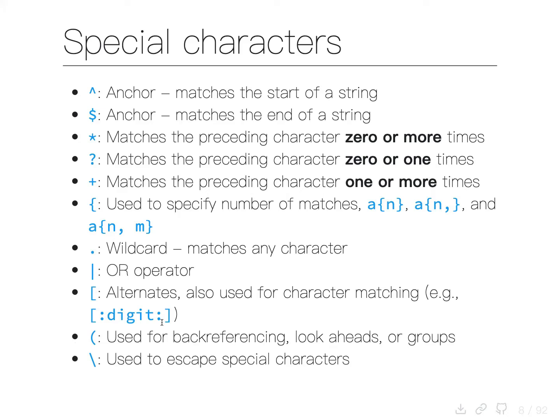There's all sorts of different things like that that you can put in there, and it will look for them. And then there's these shortcut versions of them too. So this is digit, and if you did backslash lowercase d, that would be the exact same thing as this. Okay, and we'll see an example of that later. But the brackets are also used for specifying sort of ranges of things.